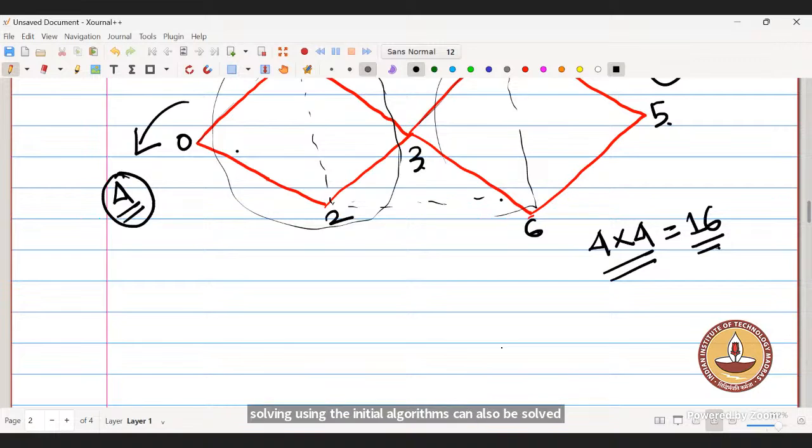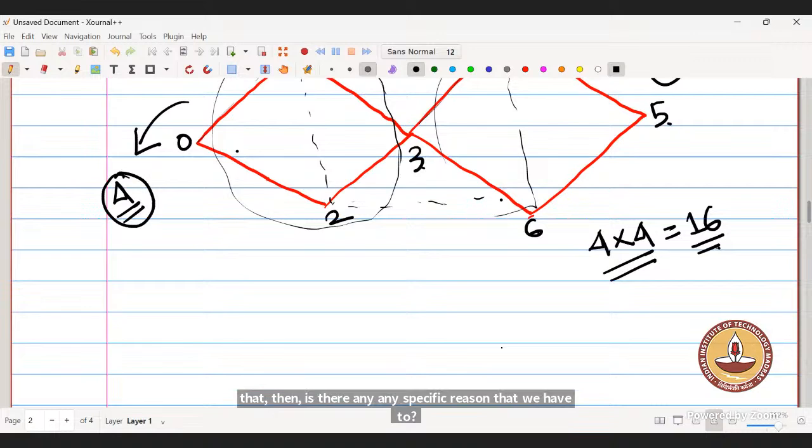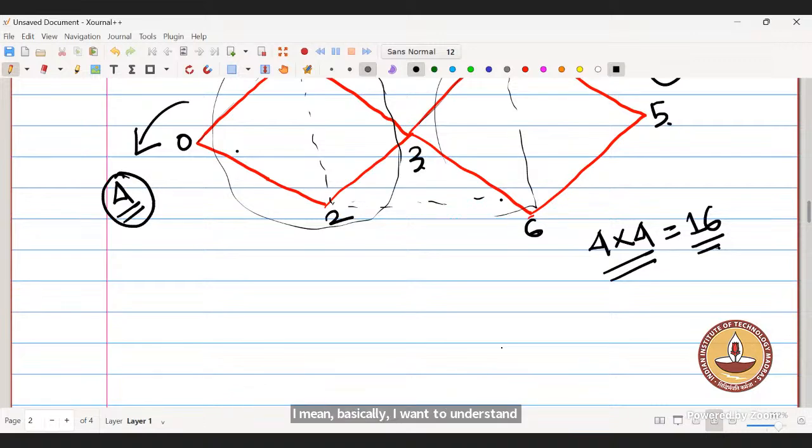Then is there any specific reason that we have to? I mean, basically, I want to understand that this algorithm should be used when a problem comes with this. We understand that if there are negative weights, we can't use the initial one, the Bellman-Ford method. So that algorithm cannot be used if there is negative weight.